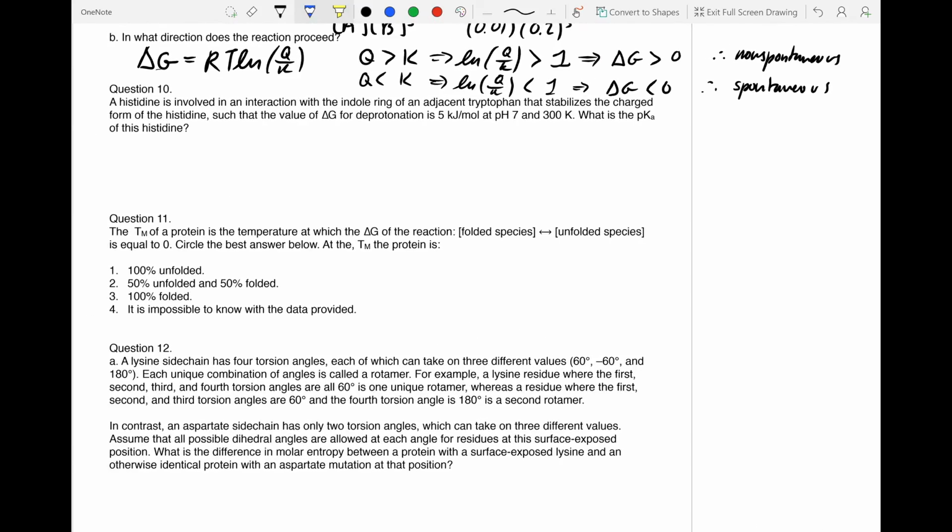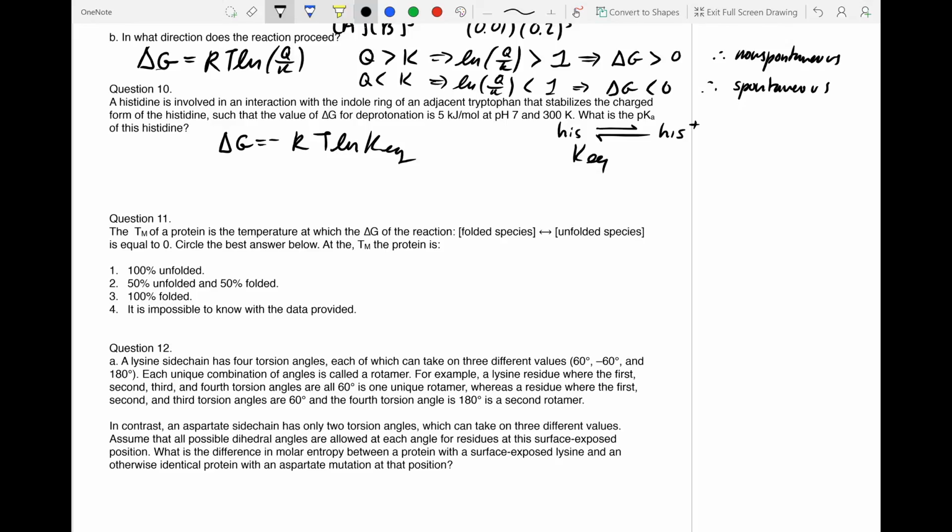Question 10. A histidine is involved in an interaction with the indole ring of an adjacent tryptophan that stabilizes the charged form of the histidine, such that the value of delta G for deprotonation is 5 kilojoules per mole at pH 7 and 300 Kelvin. What is the pK of this histidine? So we're going to use the following equation, and in this reaction we have histidine and its protonated form.